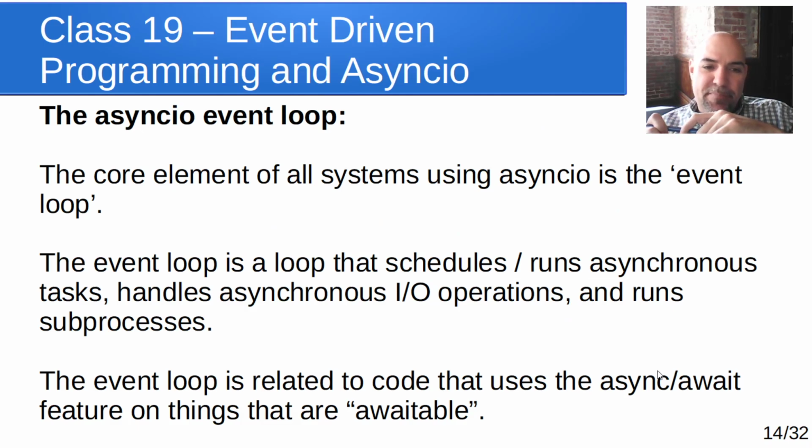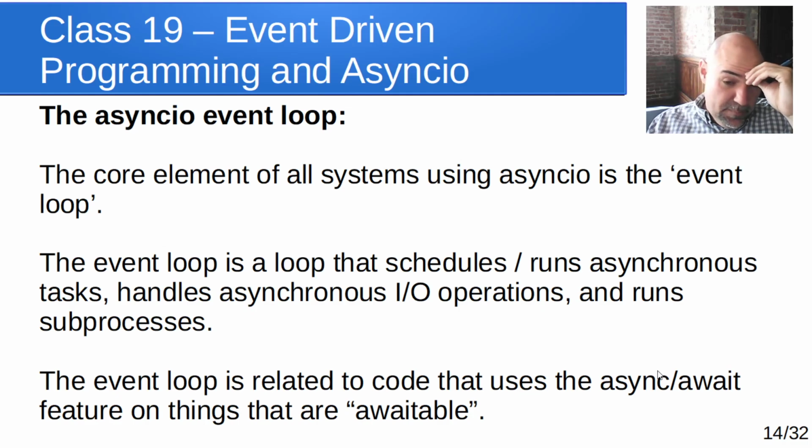Okay, so the async IO event loop essentially works like this. The core element is an event loop, just like we talked about in Windows, where there's a loop that processes events as they happen. The event loop is responsible for scheduling and running those asynchronous tasks. It also handles any asynchronous IO operations and any subprocesses or coroutines that we have.